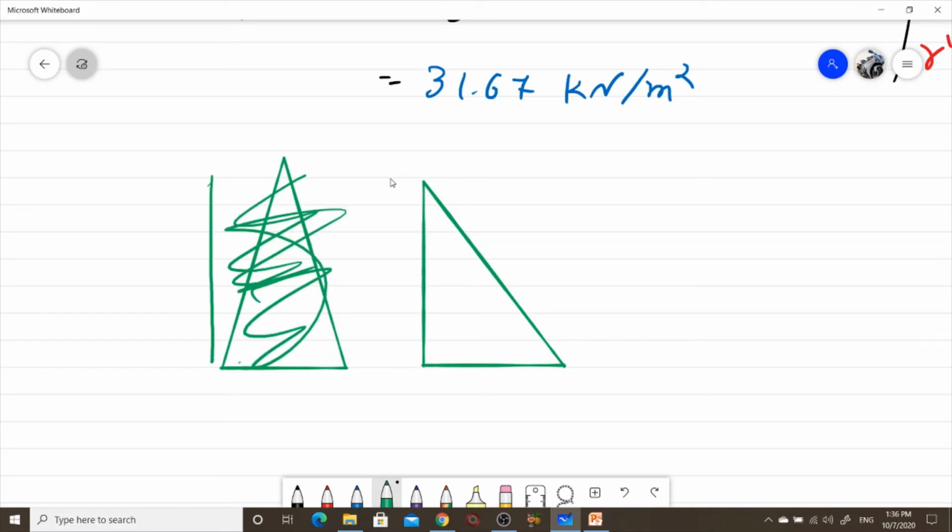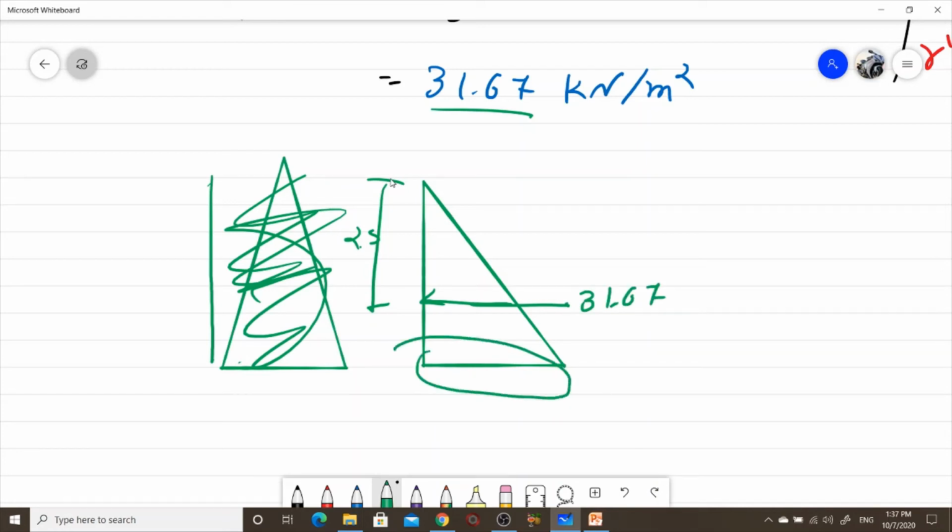Note this here. We found 31.67 at 2.5 meter height. At this point Pa is 31.67, but this one is missing, so we have to find this value also. But right now we are going to design the 2.5 meter upper wall, so we only need 31.67. Okay, so let's start.